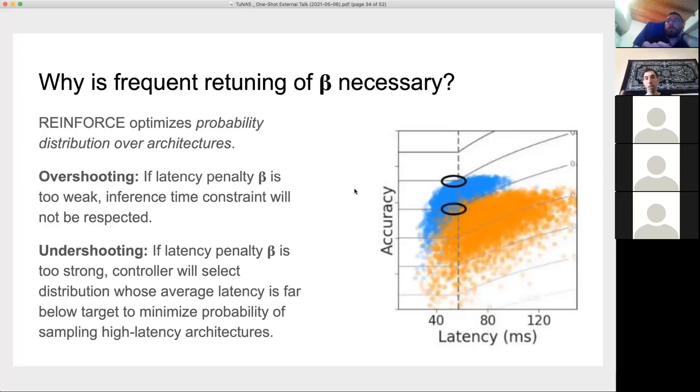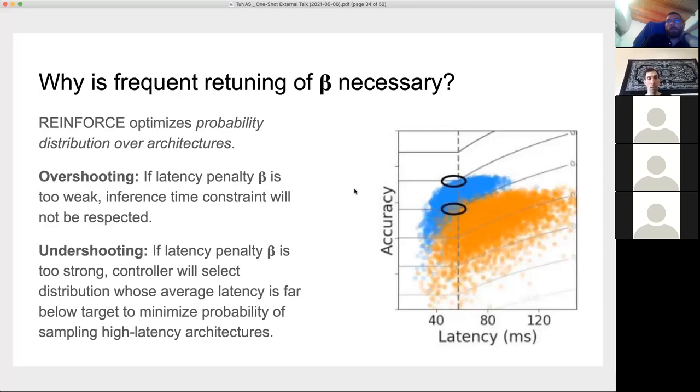And it shifts the entire distribution of architectures that it's sampling far to the left. The logic being that it's better to sample architectures which are well below the latency limit, even if they have suboptimal accuracy, because the alternative is to occasionally sample an architecture which is above this limit and receive this huge penalty for doing so.